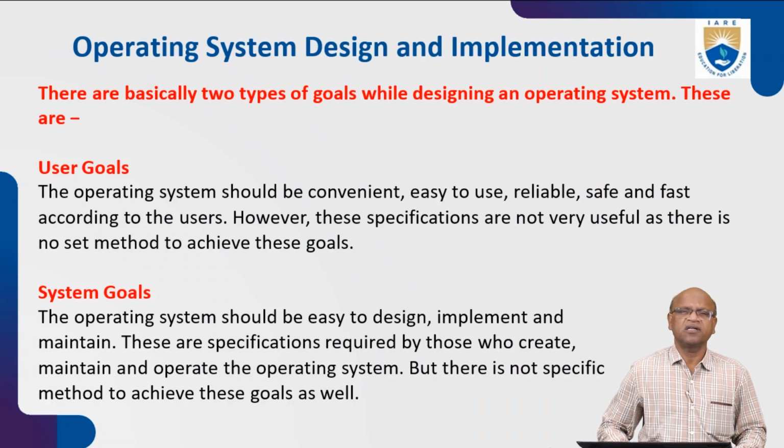Whatever goals we set for the user, the user always wants a convenient way. Next are the system goals. The operating system should be easy to design, implement, and maintain. These are specifications required by those who create, maintain, and operate the operating system. But there is no specific method to achieve these goals either.